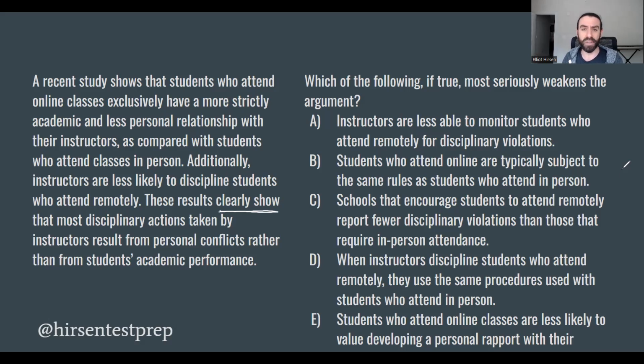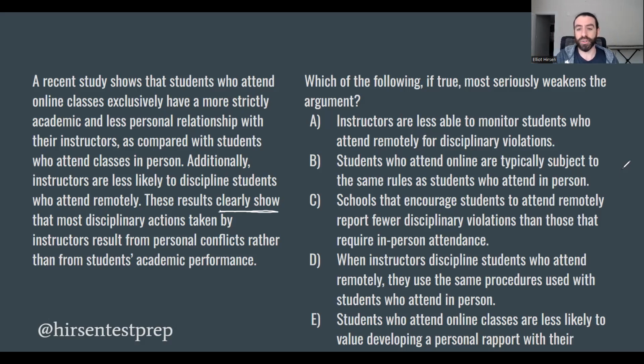Online students are being disciplined less. If it seems plausible, then we'll hang on to an answer. Remember, we're not always looking for a perfectly right answer right away. We're going to rely on the process of elimination. So if we can clearly see something does not offer us that plausible alternative, we'll eliminate it and we'll just see if there's more than one left and we need to compare in some more detail.